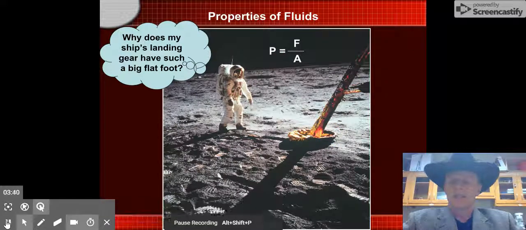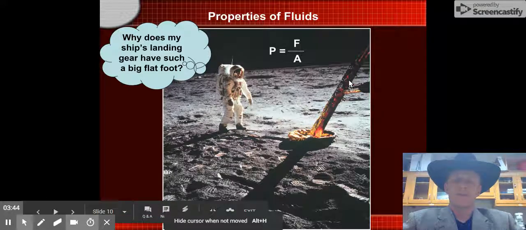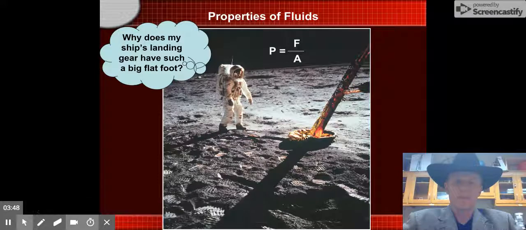Look at this. This picture is of a spaceship landing on the moon. And you see the bottom of the spaceship has a big flat foot. Why do you think they do that? Well, this is the formula. This moon can only withstand a certain amount of pressure.